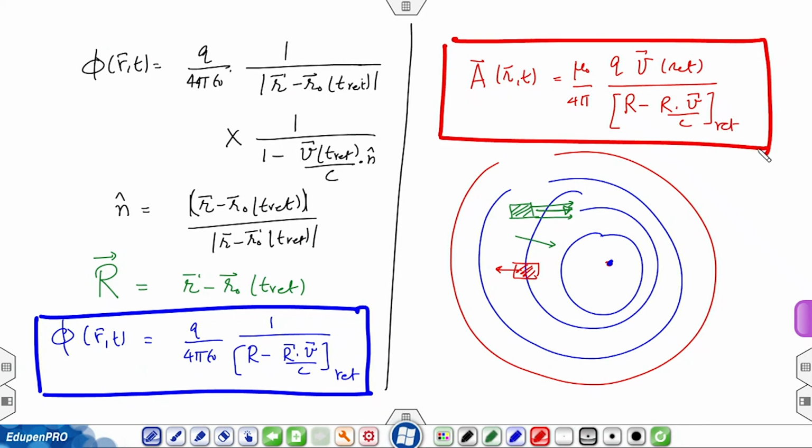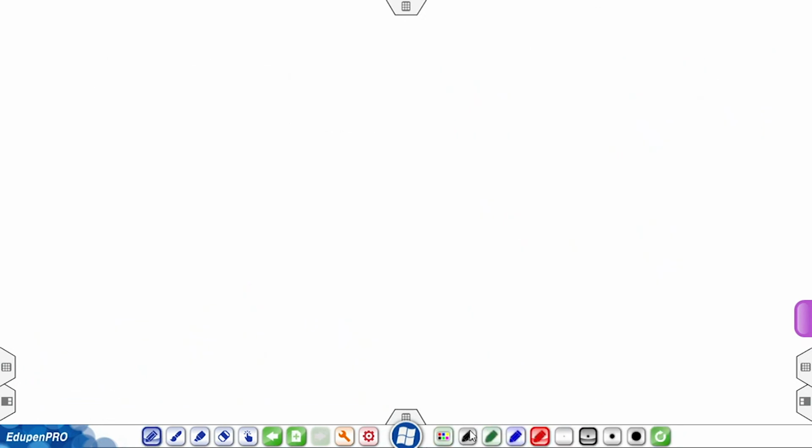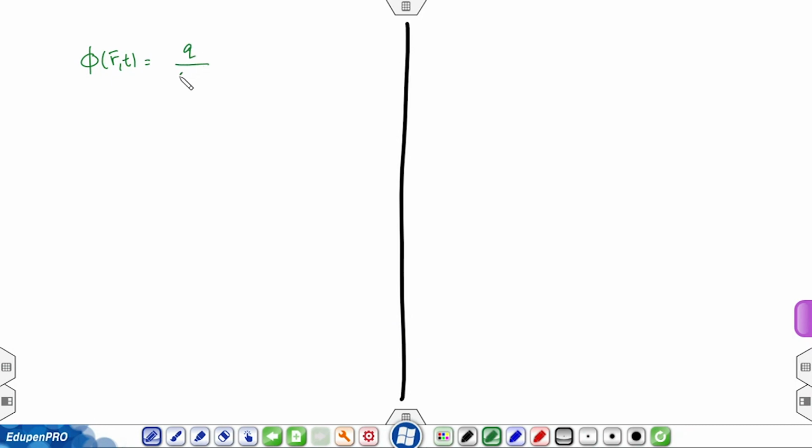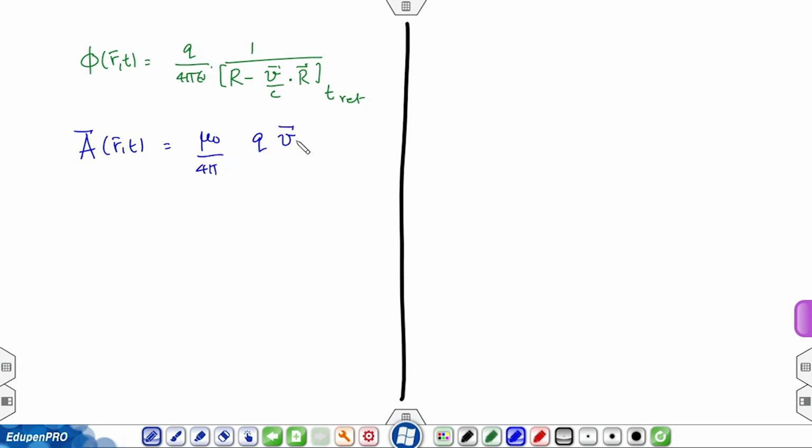So, what we have gotten is that due to a moving charge, the scalar potential is q over 4 pi epsilon 0, 1 over r minus v over c dot r, all calculated at t retarded, and the vector potential A r t is equal to mu 0 over 4 pi q v t divided by r minus v t over c dot r, again calculated at t retarded.